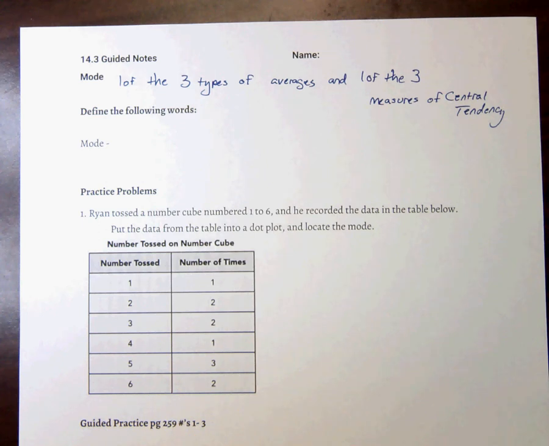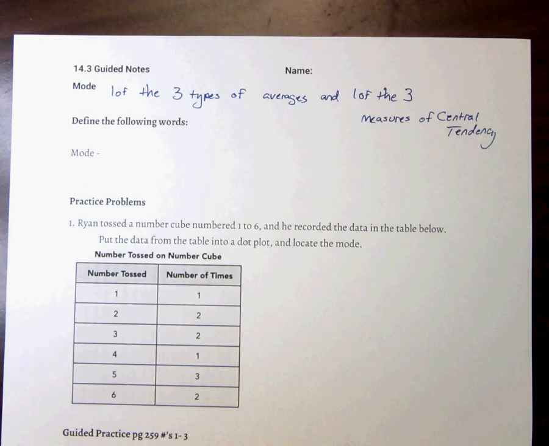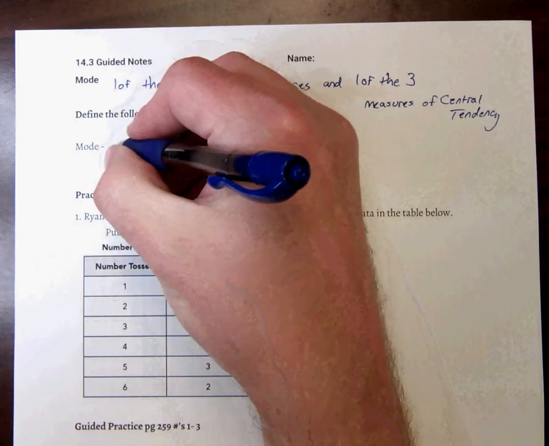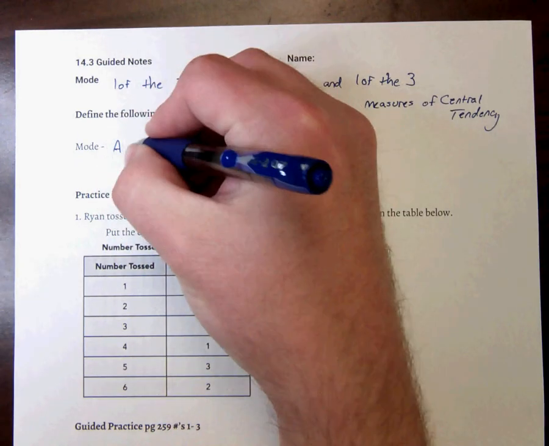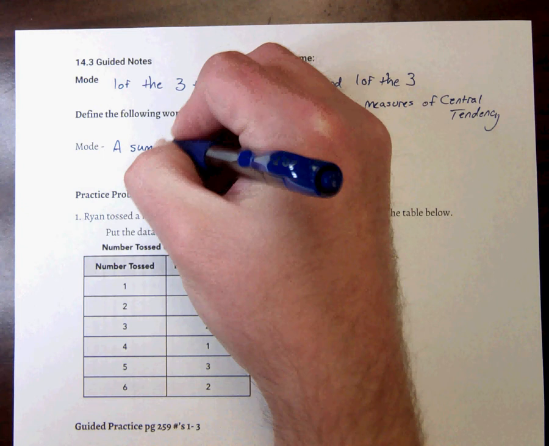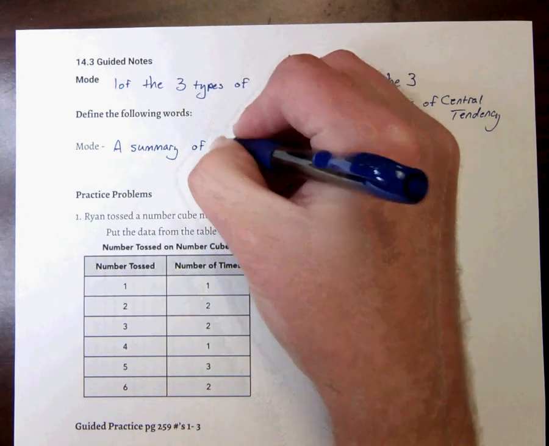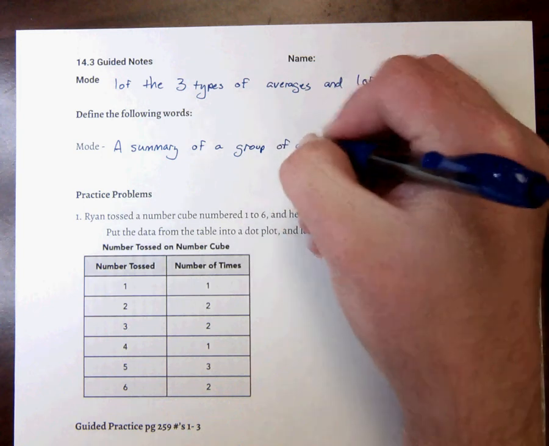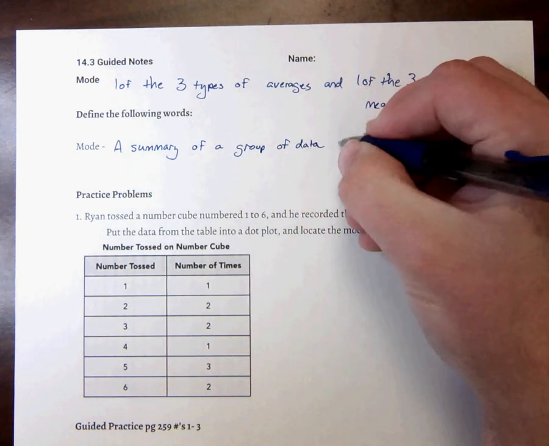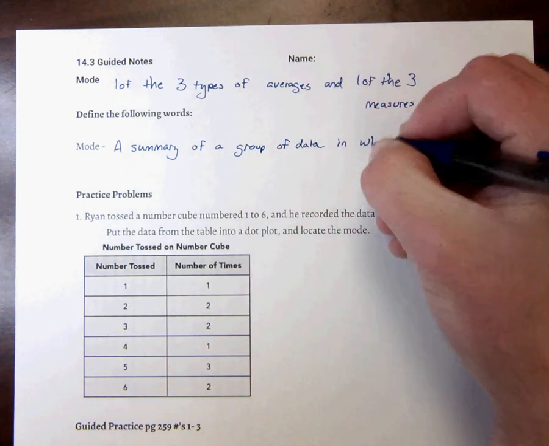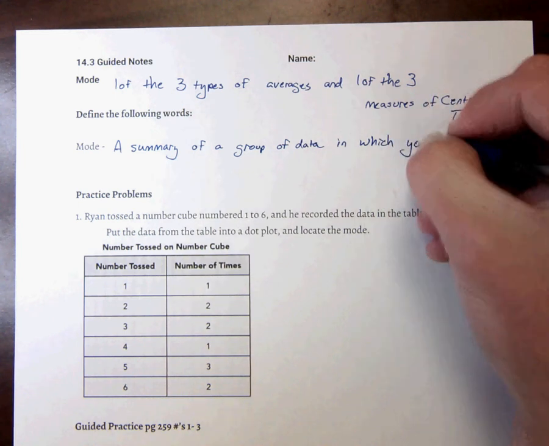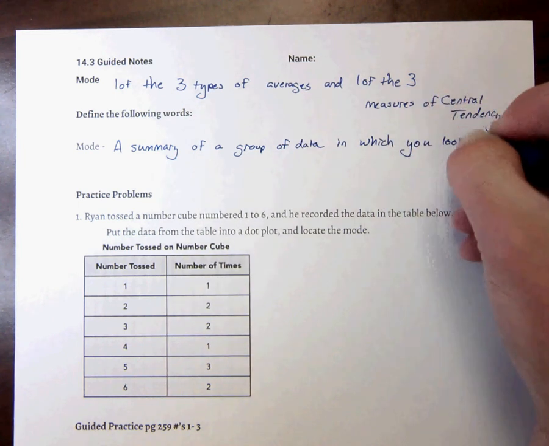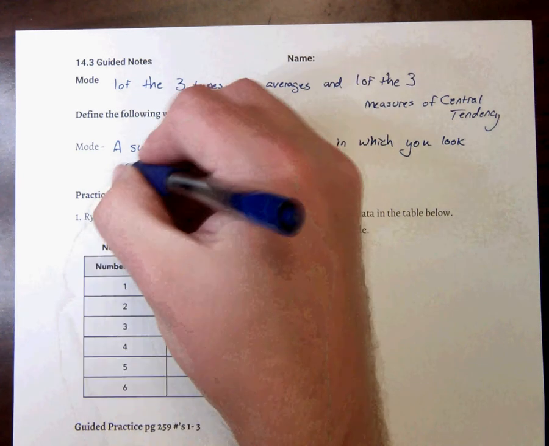Mode is a summary of a group of data in which you look for the value that occurs the most.